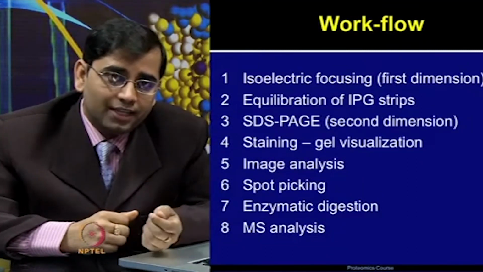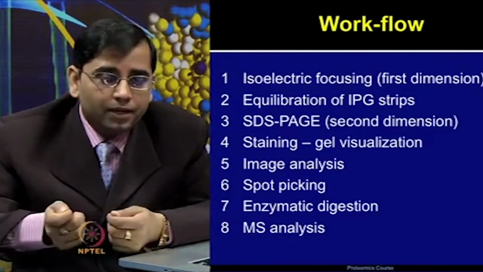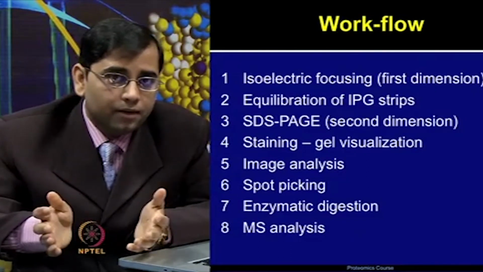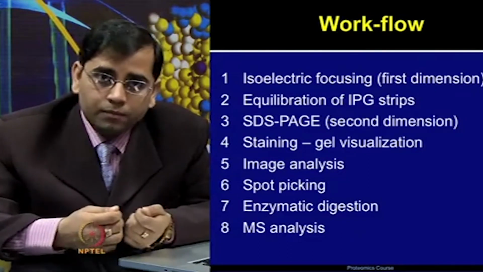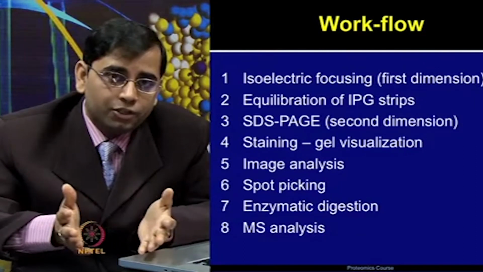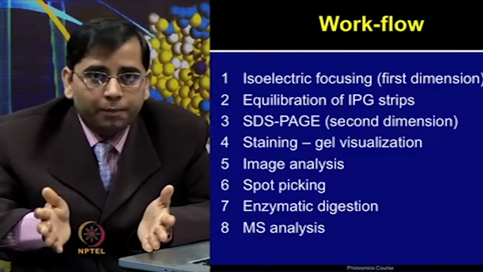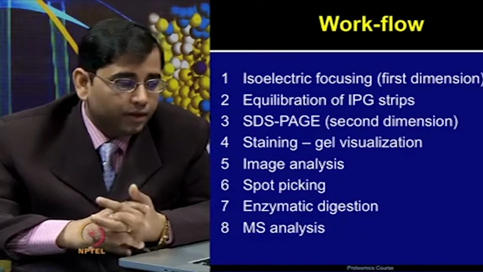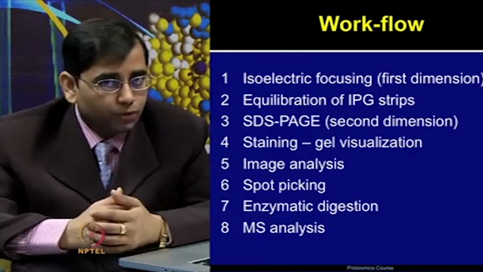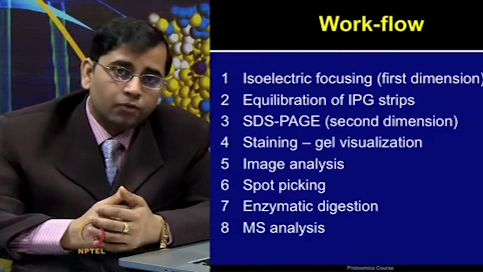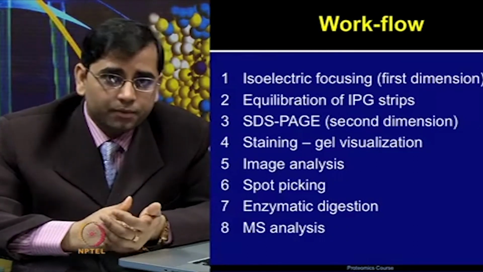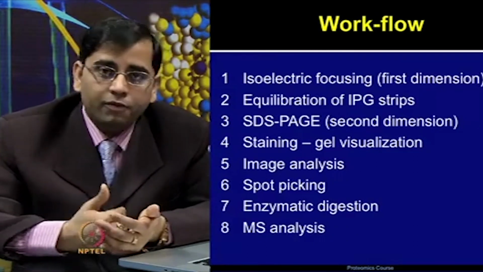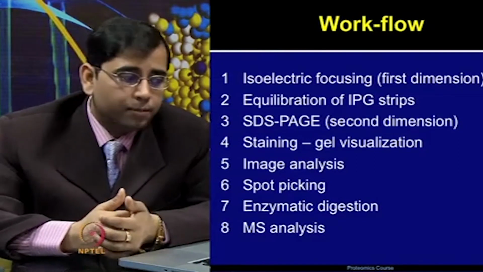Now, you want to take this strip and apply it on an SDS-PAGE gel. You cannot do the heat treatment. So, you want to make these strips prepared to be separated based on the molecular weight in the second dimension, and that is where the equilibration process is useful. Once you have done the equilibration of these strips, then proteins can be further separated based on the SDS-PAGE.